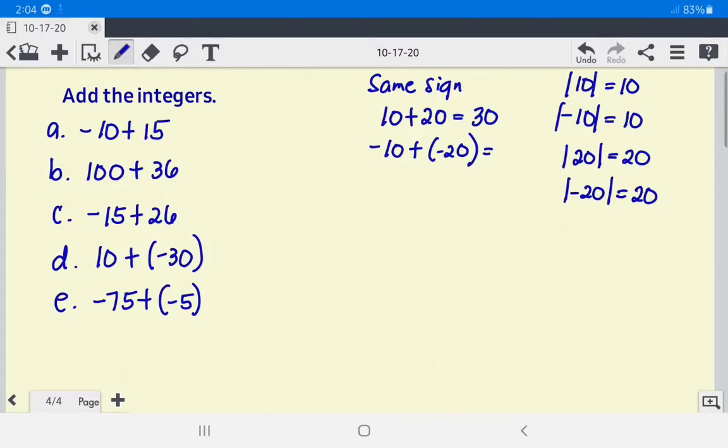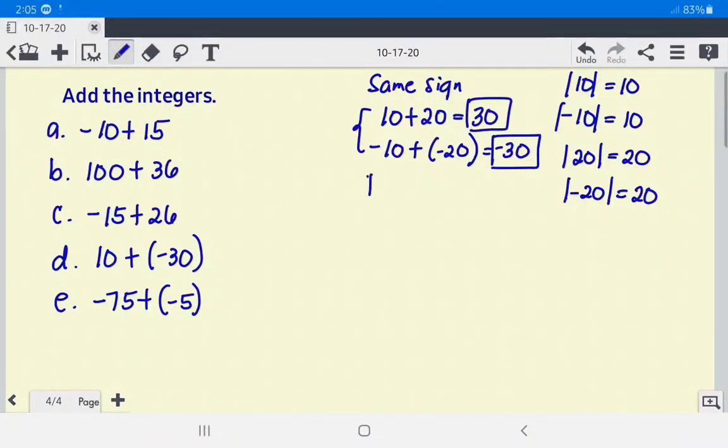Okay, so what you're going to do is add their absolute values. So the absolute value of negative 10 is 10. The absolute value of negative 20 is 20. So you will just add 10 plus 20, we have 30. Then after that, you're going to copy the common sign, which is negative. So this is the answer for this example.